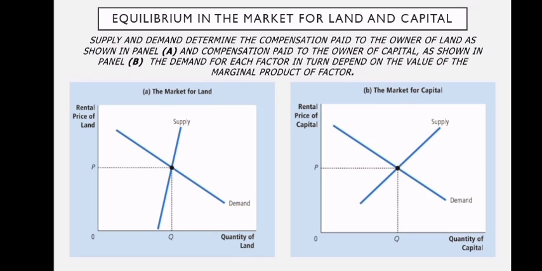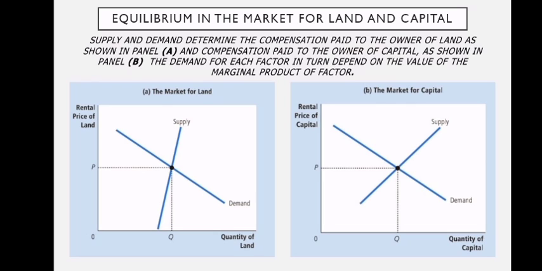Now consider the purchase price of land and capital. The rental price and the purchase price are related. Buyers are willing to pay more for a piece of land or capital if it produces a valuable stream of rental income.